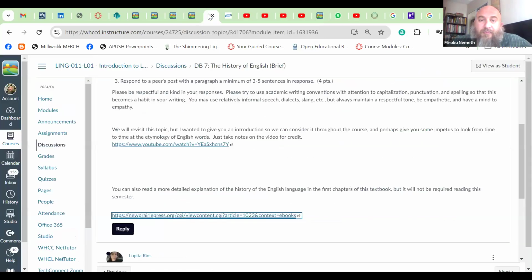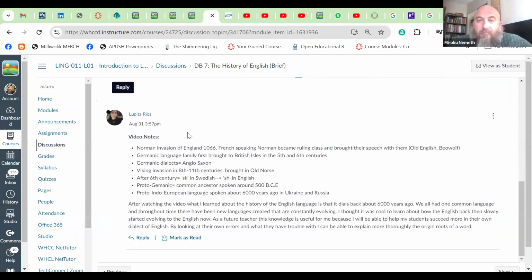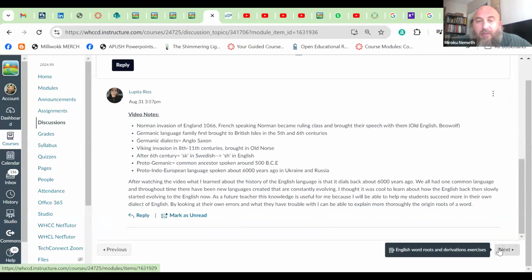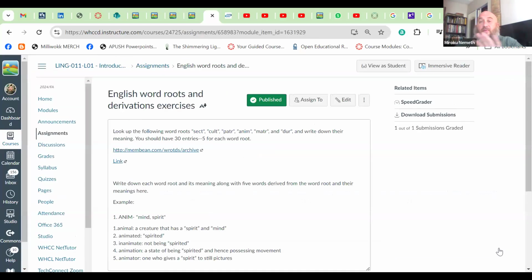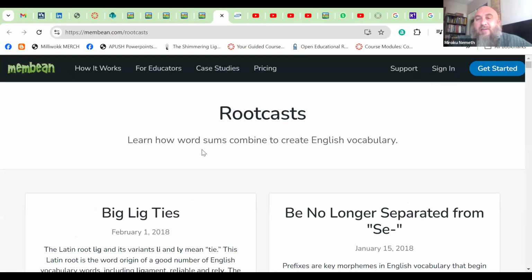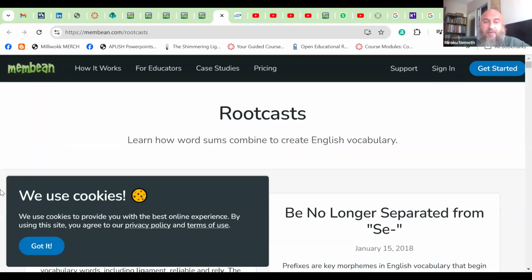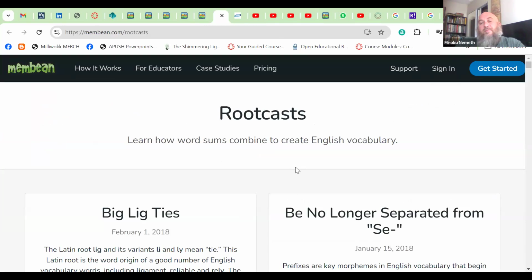Okay, so the next thing is the English word roots and derivations exercise. So all you have to do for this is... I would love to require more in this, but this used to be more open and have more.